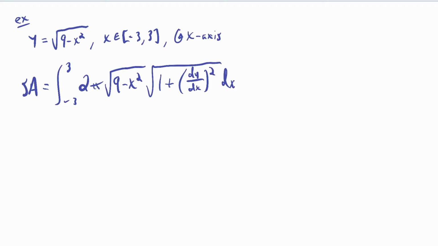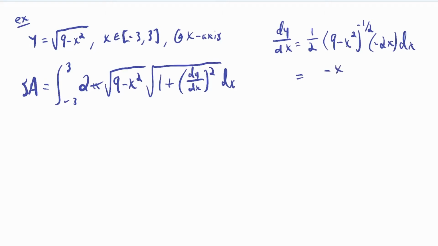Okay, so of course dy dx is equal to 1/2 times 9 minus x squared to the -1/2 power, that's the power rule for the outside function, times -2x, the derivative of the inside function because of the chain rule. So if I want, I could write this as -x over the square root of 9 minus x squared. That would be the same thing.